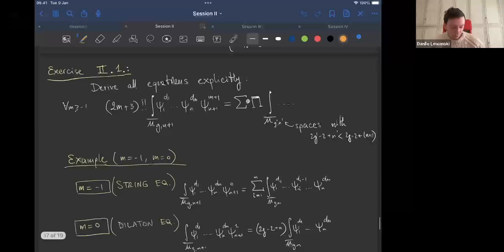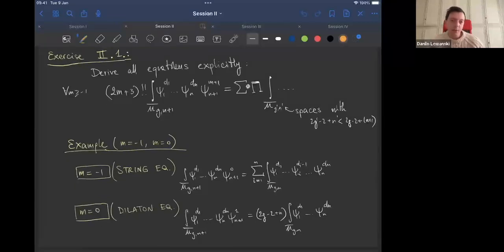And what you can do is to take (2m plus 3) double factorial times the integral over M_{g,n+1} bar of psi_1 to the d_1, ..., psi_n to the d_n, and then psi_last, attached to the last marked point, to the power m plus 1.